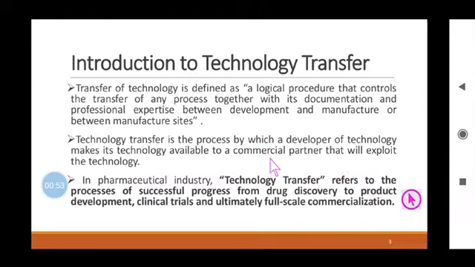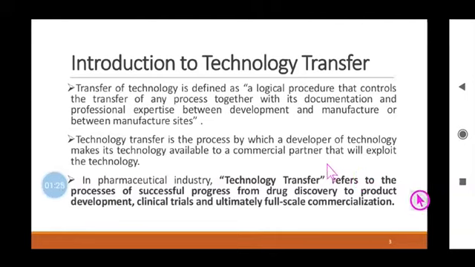The researcher designs a formula, or it may be a drug discovery, and following the drug discovery, a formulation of the new drug is a kind of novel process or novel technology, we can say, and this is the technology which is needed to be transferred from one part of the industry to another.